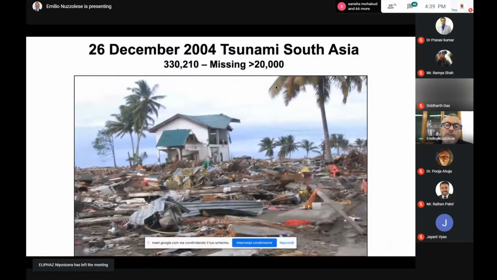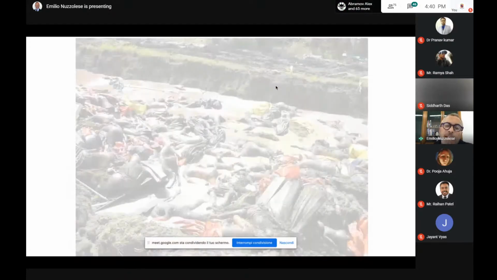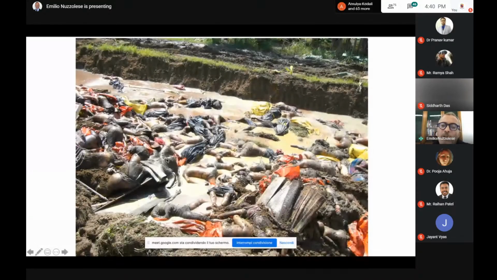But for example, this is what happened in situations like the tsunami in 2004, where you have 32 different nationalities involved. You cannot understand the identity of these people because you cannot do any visual identification.